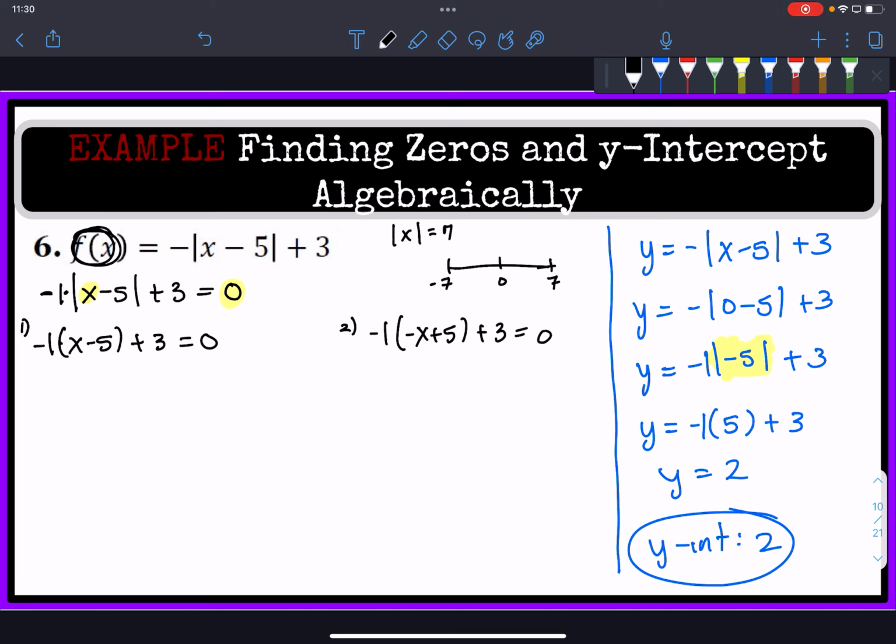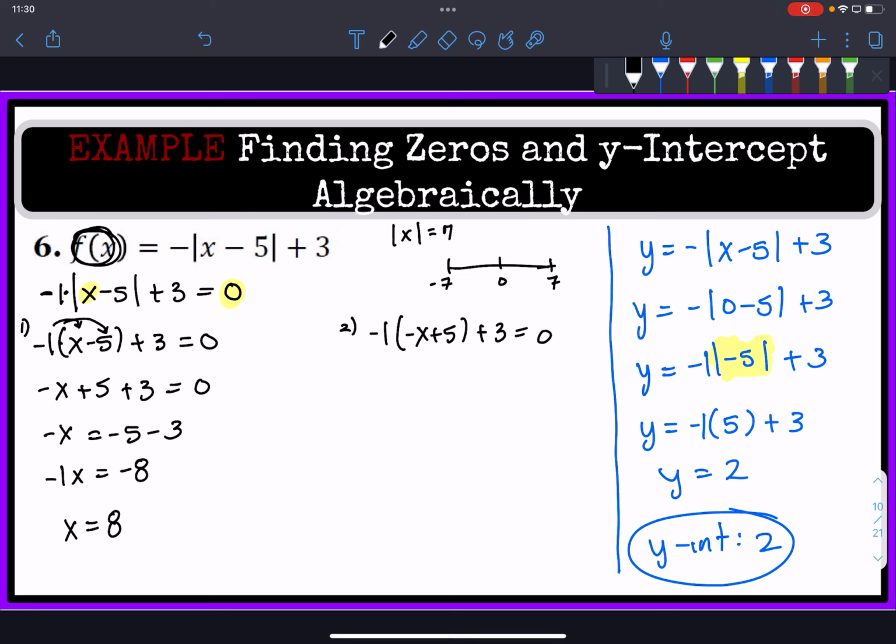So let's see. Here we would distribute the negative 1 first, so negative x plus 5 plus 3 is equal to 0. Subtracting the 5 and the 3 from both sides, we end up with negative x equals negative 8. Then dividing by negative 1, we get that x is equal to 8.